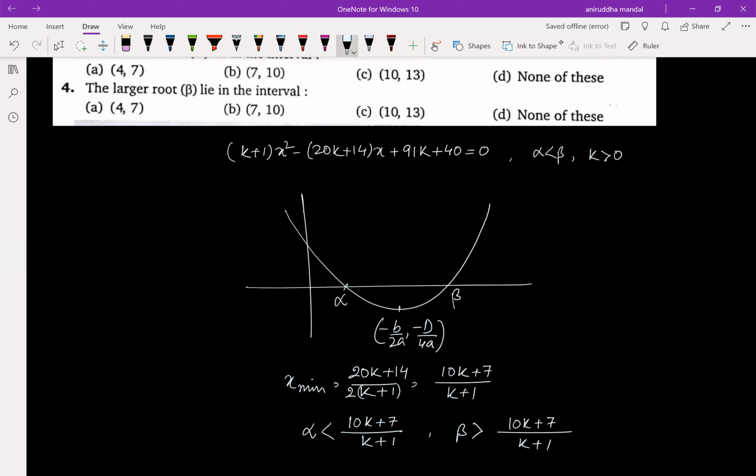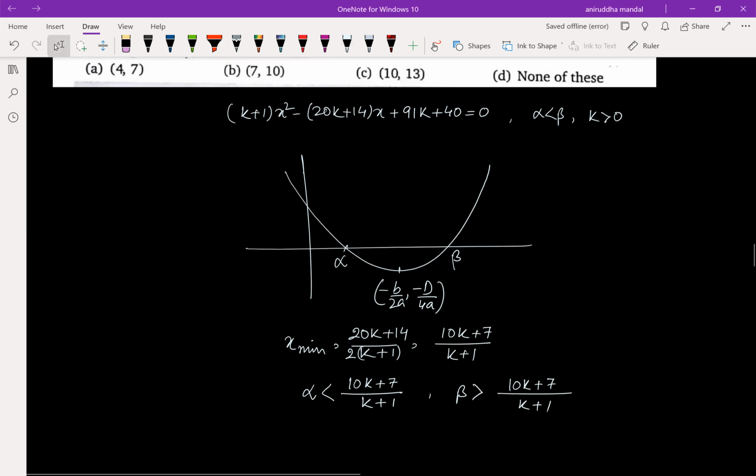Okay, now we'll check for the options. See, alpha is always positive because k is positive, and beta is always positive. So let's put the different values of the options, that is f4.